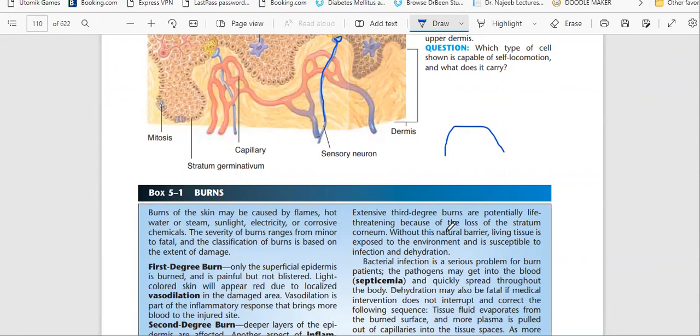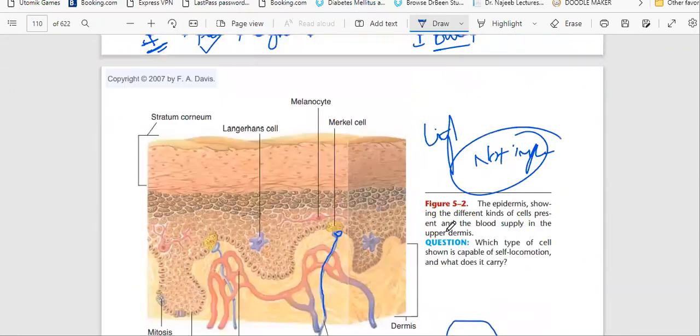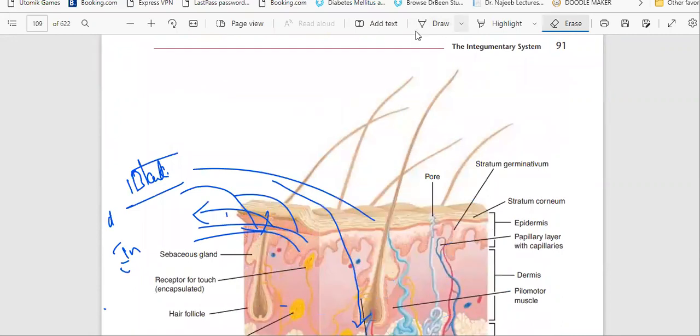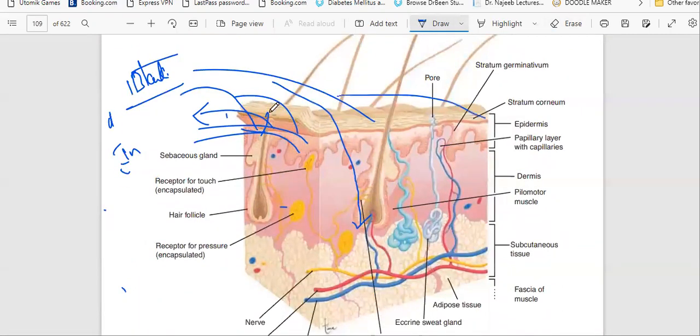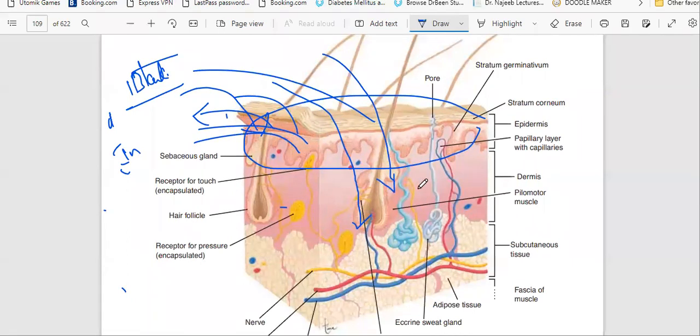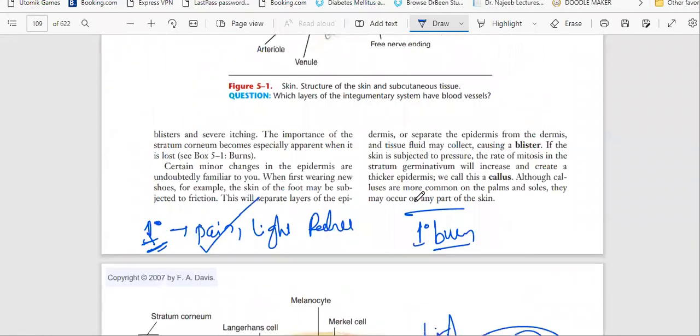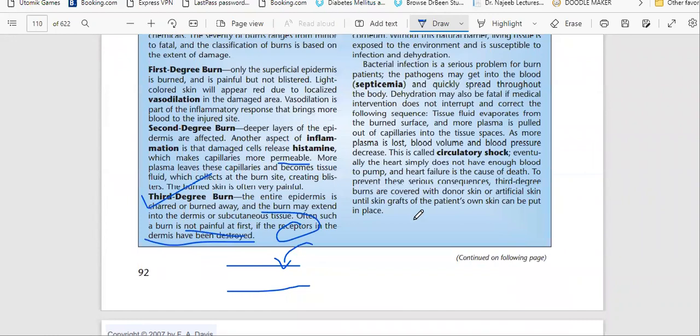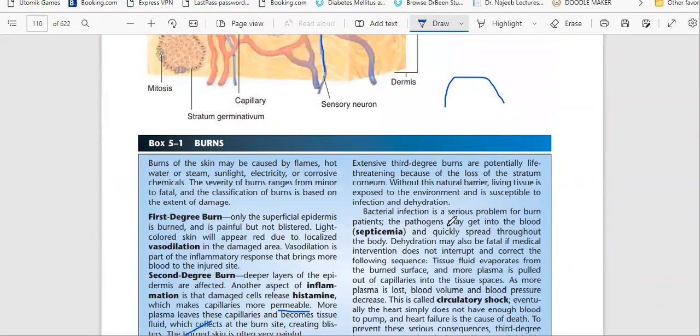Why does this happen? Because the layer is exposed to the outer environment, so pathogens easily enter. Pathogens will harm this area, our immune system will go down, and the area becomes an easily attackable area for bacterial infection.